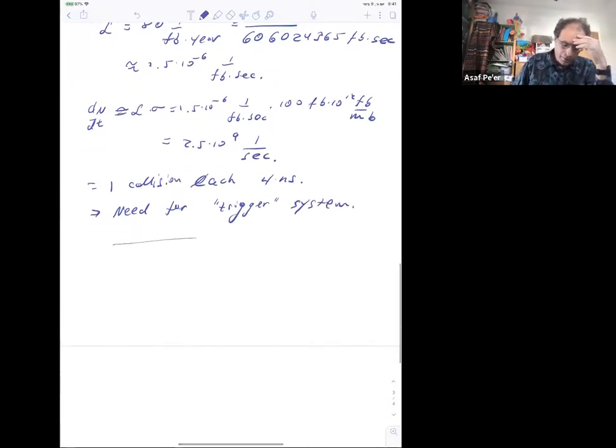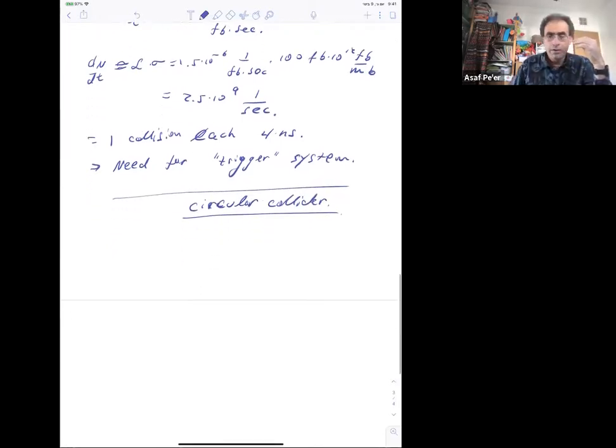Now I want to speak about the circular collider. So obviously, you want to accelerate the particles. The way you do it is via electric field. If it's linear, then you accelerate them once. Circular means that they ring all over. So in order to keep them ringing, you have to use a magnetic field.